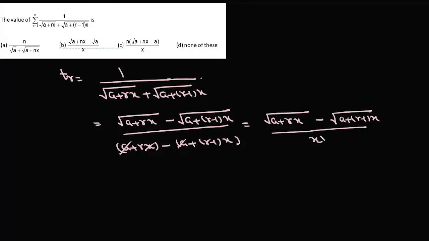Now we need to find this sum, which is summation r varies from 1 to n of Tr.